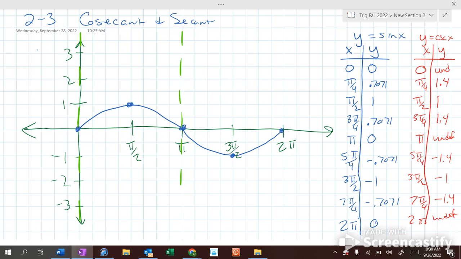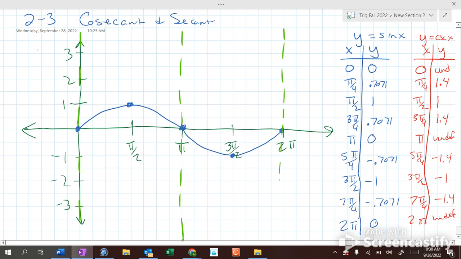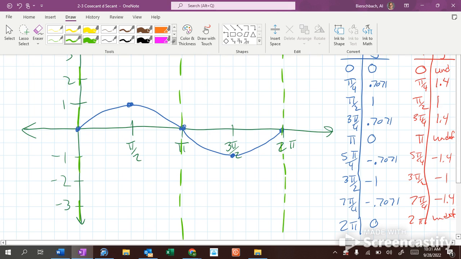For those of you who took Algebra 2 last year, this is an asymptote. For those of you who haven't, a vertical asymptote is a line that a graph cannot cross. It might come up awful close to it, but it can't cross it.